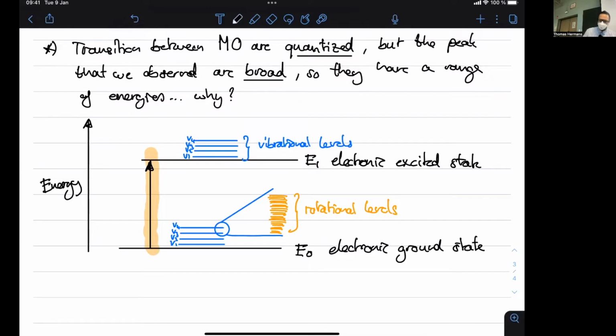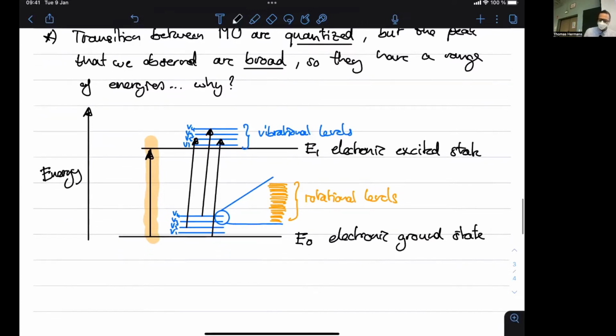We are also exciting, for example, from this vibrational level to this vibrational level, or from here to here, or from the ground state to some vibrational level, right? So there are energies that are closely related, but they are not exactly identical, right?